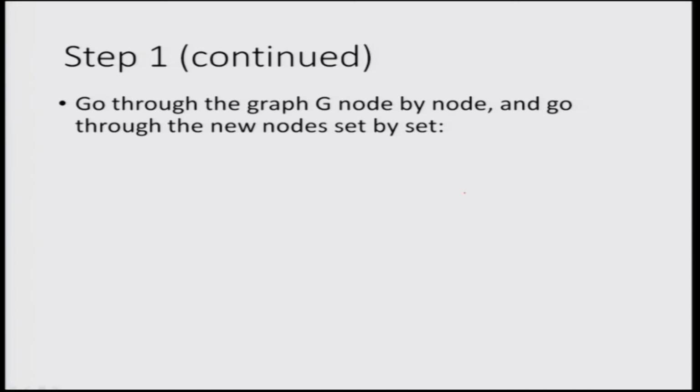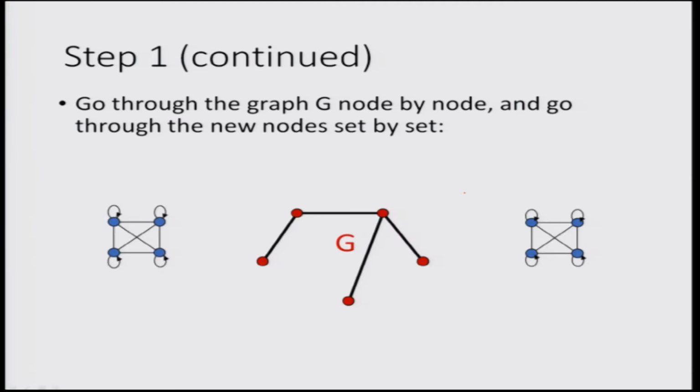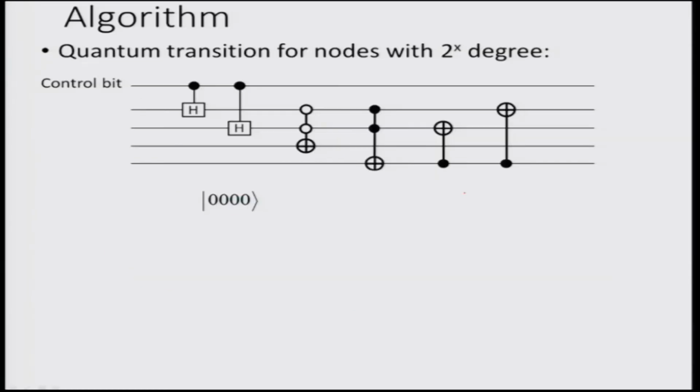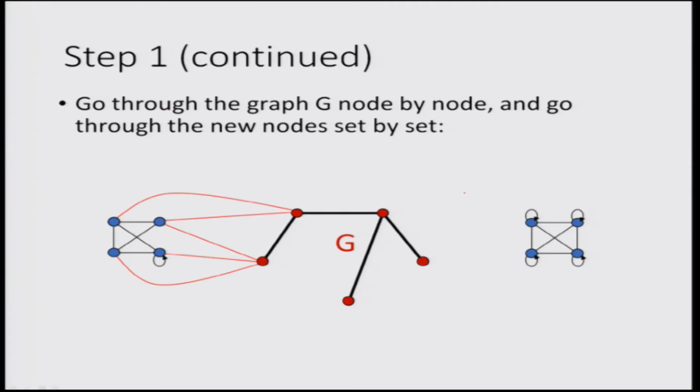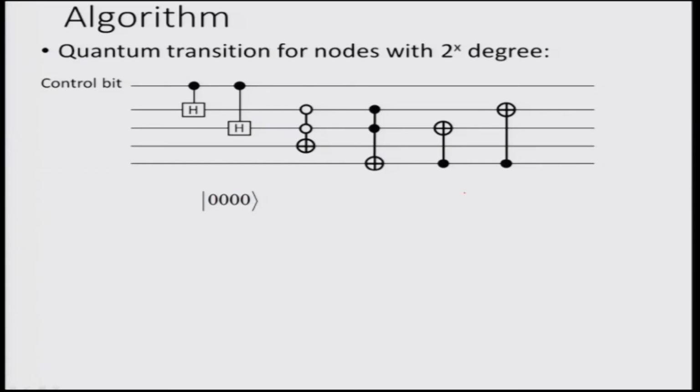So, we go through the graph G node by node and go through the new nodes set by set, and what we get is a set where we can put them together in this kind of a path and link them by using this particular principle.